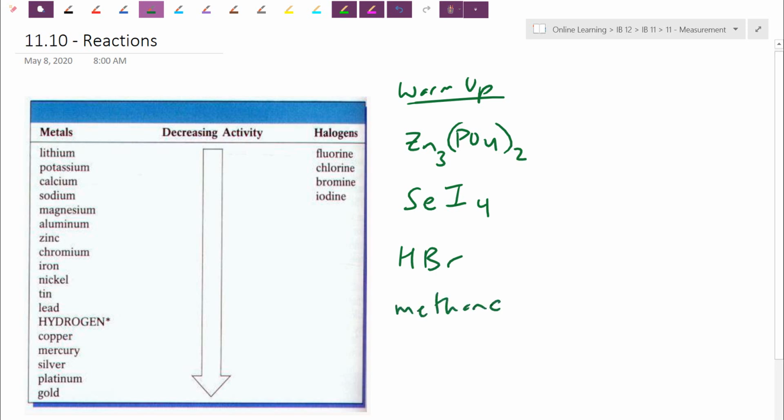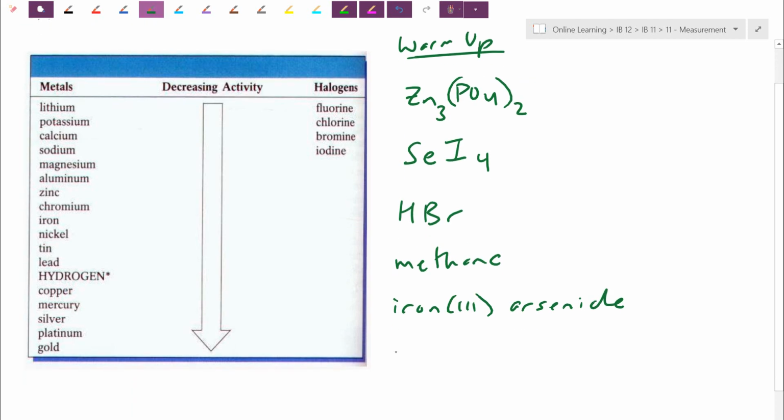I want to know, let's do iron 3 arsenide, and one more. Let's go nickel 2 nitride.